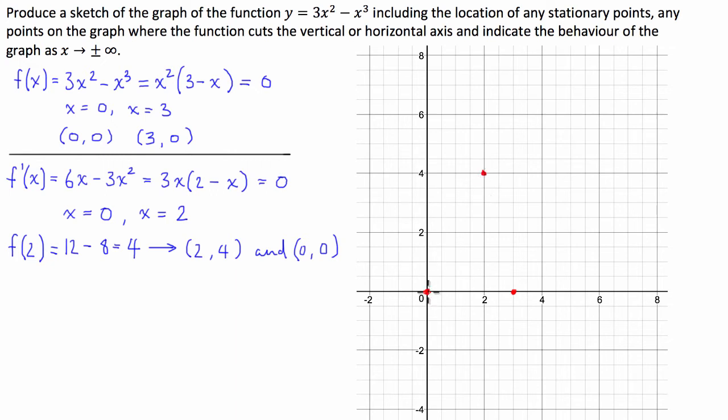And we know we've got a stationary point here. So the next thing I like to do, guys, before I even start these kind of questions, is have a rough idea of what my function is going to look like. We have a negative cubic function here, and a negative cubic is one that takes this sort of shape.